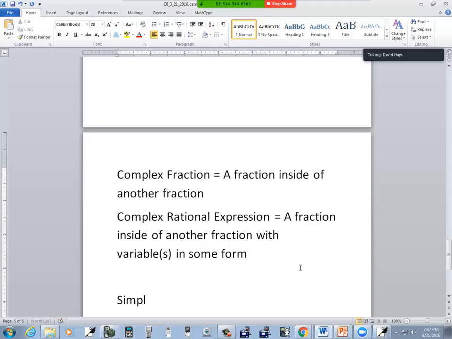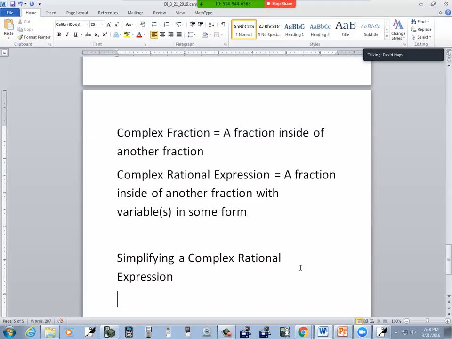Now, simplifying a complex rational expression means basically getting rid of the fraction inside the fraction. I'm going to give you all the steps here, but there's no problem I've seen in any algebra book that has one this hard. But this is the full set of steps.